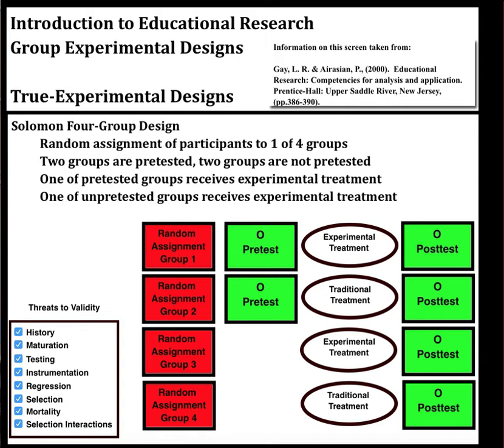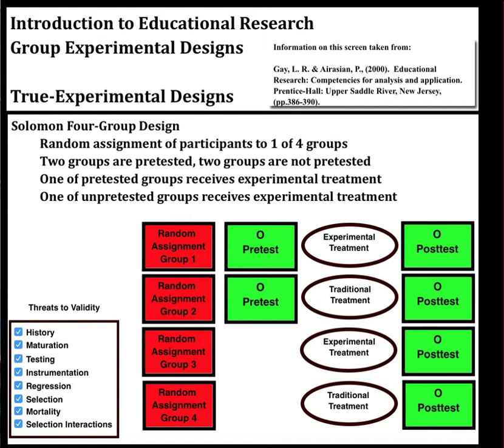This design is a combination of the previous 2 true experimental designs, the pre-test, post-test control group design and the post-test only control group design. Like other true experimental designs, this design controls for all threats to internal validity.